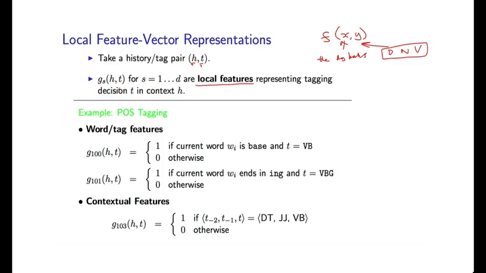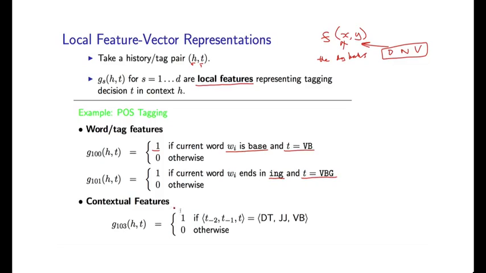Very often in natural language, these local features are binary features or indicator functions, which ask particular questions about the history in conjunction with the tag being proposed. Here are some examples we saw in the log-linear tagging lecture. G100, for example, might be a feature which is 1 if the current word w_i being tagged is the word base and the tag being proposed is VB. G101 might be a function which is 1 if the current word ends in ing and the tag being proposed is VBG.